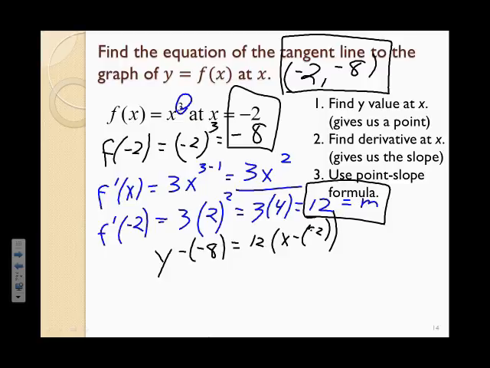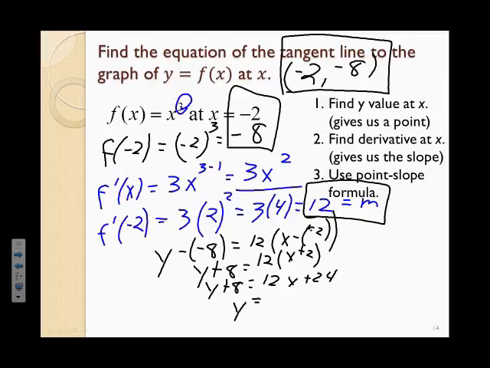So when we do that, of course, y minus minus 8 is y plus 8. It's going to be equal to 12 times x plus 2. Excuse me, the board is off there a little bit. So we get y plus 8 is equal to 12x plus 24.